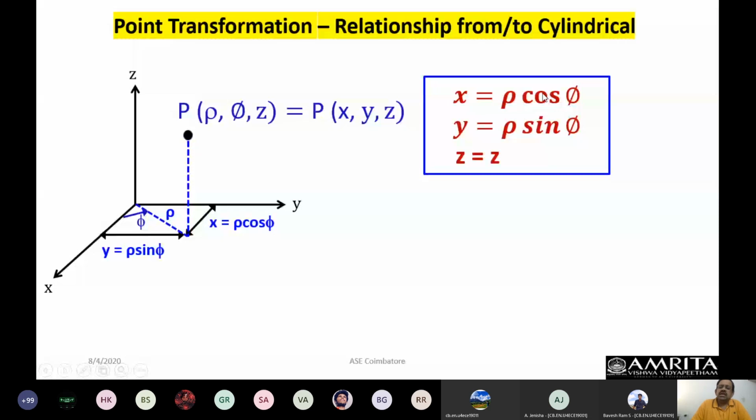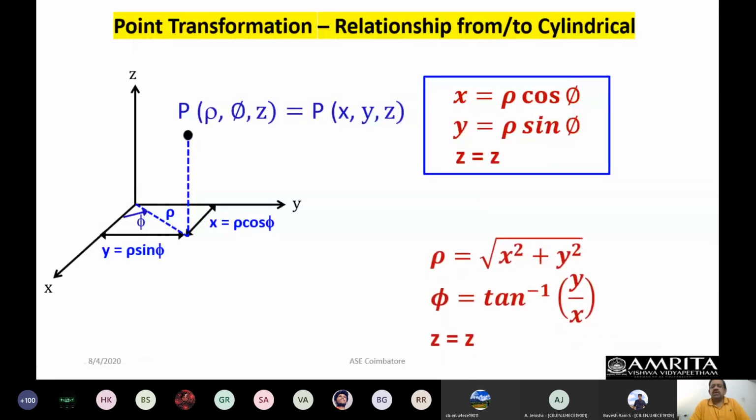So I say x equal to rho cos phi is equation 1, y equal to rho sin phi is equation 2, and what I do is square equation 1 and equation 2, add them, and then take the square root. You will get rho equal to root of x square plus y square. Phi is given by dividing equation 2 by 1. You will get tan inverse of y by x as phi, and then z equal to z.